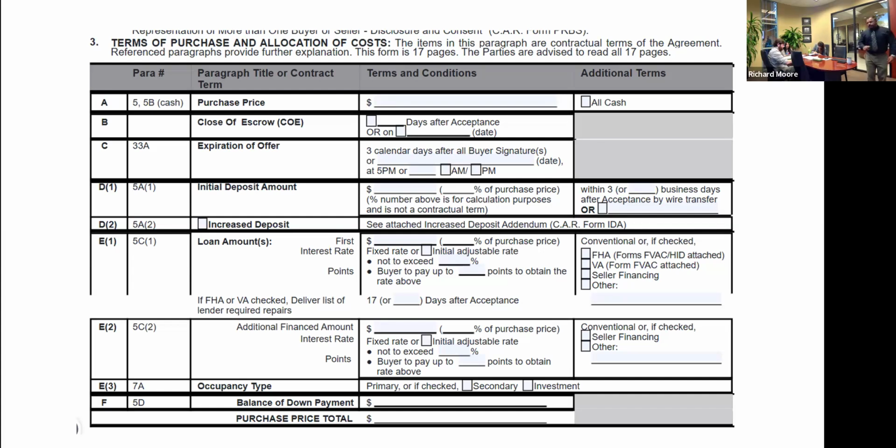I have a question. On the loan amount, if you get a loan, is there a specific down payment, like 7%, 10%? Well, you're going to be approved based on how much you're able to put down. So you have to put a down payment though. Yes. Is there a specific amount that you have to put?